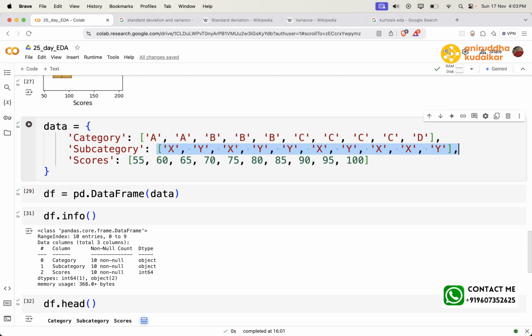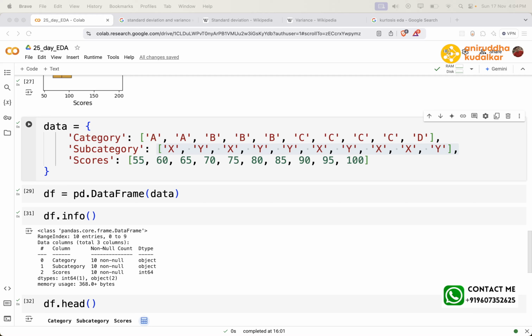So in the cross tabulation, what we do, for the categorical data, an extension of the tabulation called cross tabulation is extremely useful for two variables.